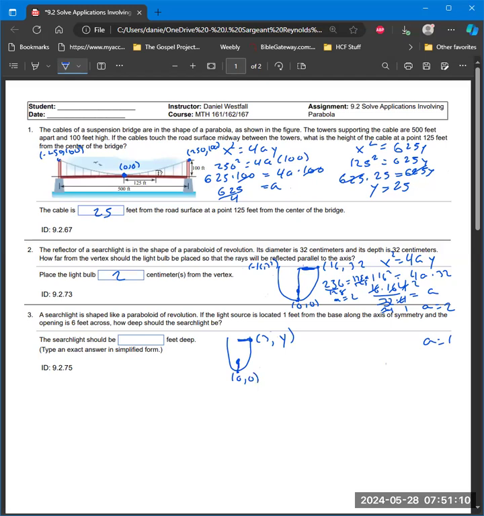So we're in the form x squared equals 4ay. x is going to be 3, a is going to be 1, and we're going to solve for y. 9 equals 4y, so 9 over 4 equals y. And this is going to be 2 1/4, or 2.25 is y. And that's our answer.